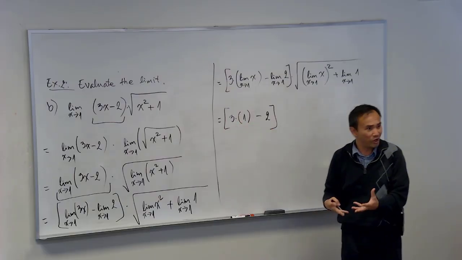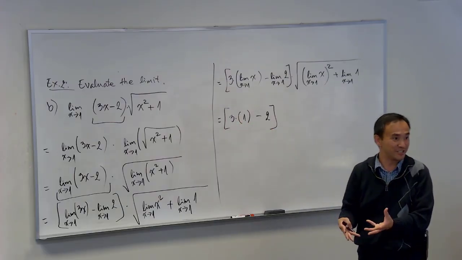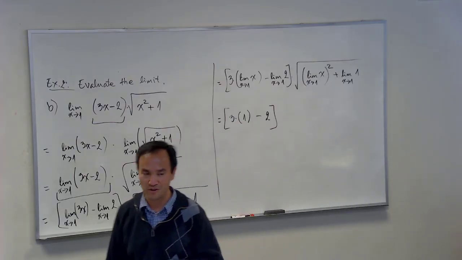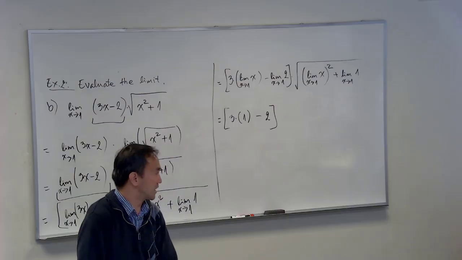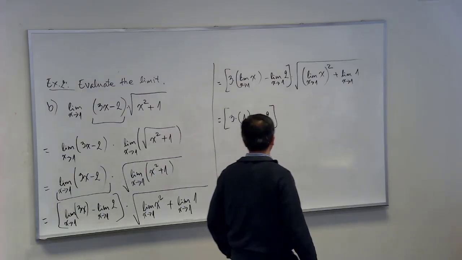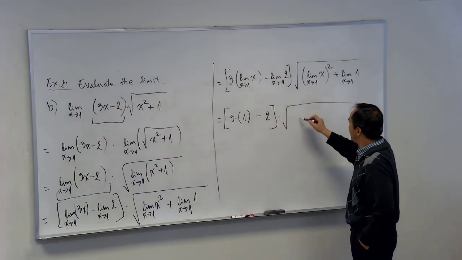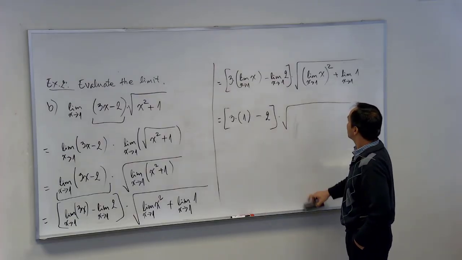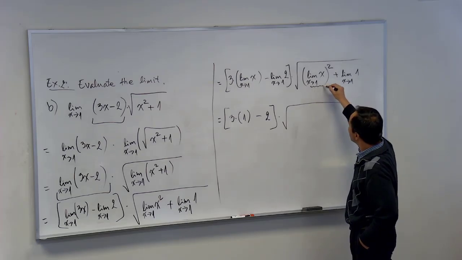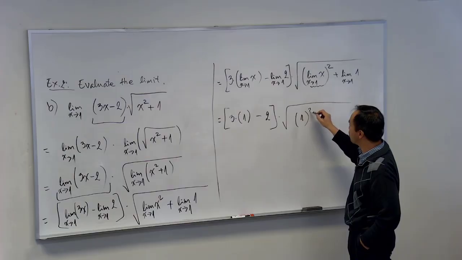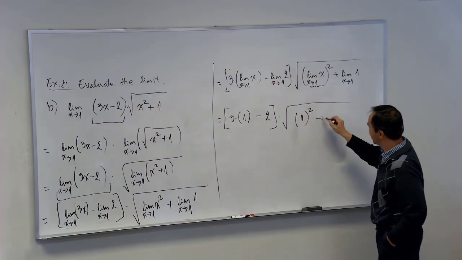So things are starting to look like we're substituting values in, but they're not. There has been a whole sequence of steps in how we apply the limit laws to make it work. And then we multiply by 2 by the square root. We're taking the square root of that part, which from our previous understanding comes out to 1 squared, then plus another 1.